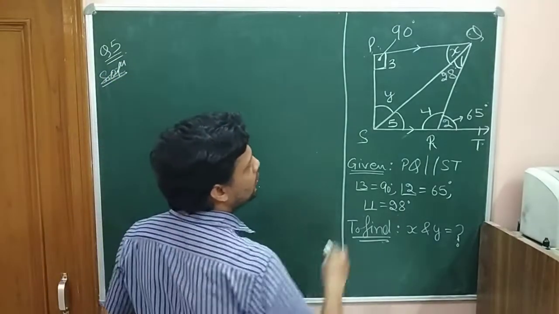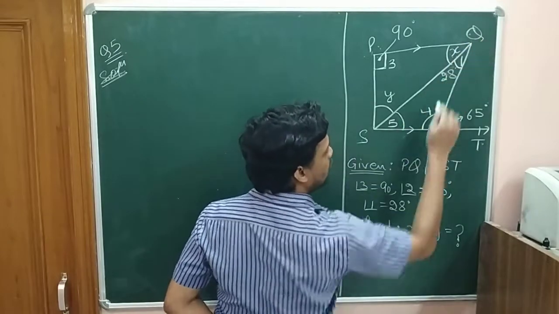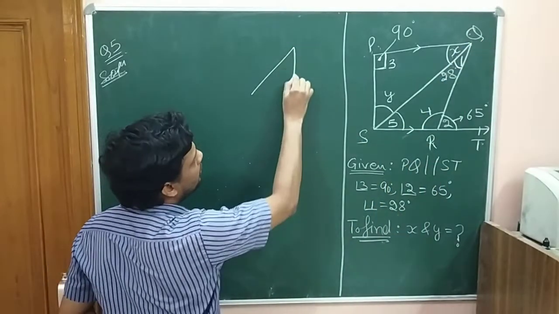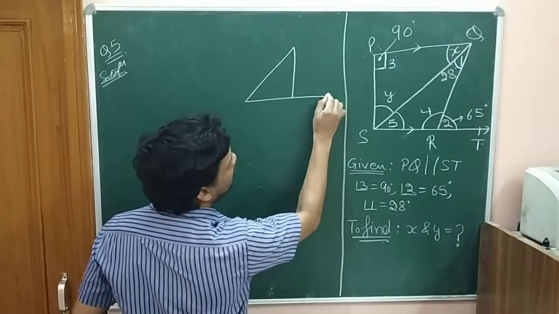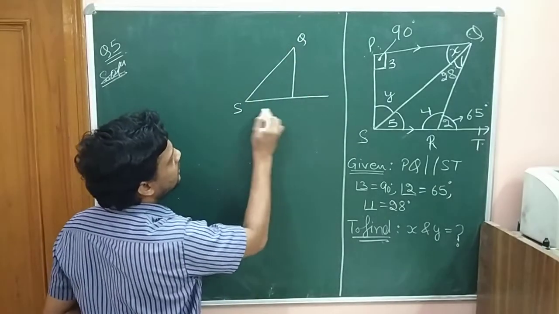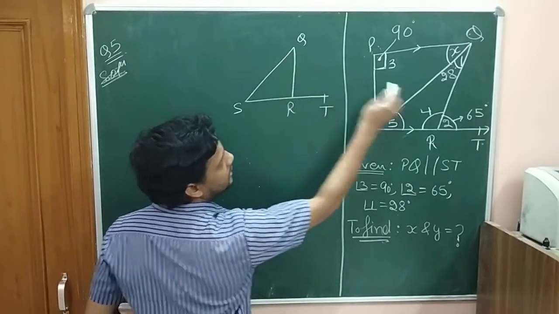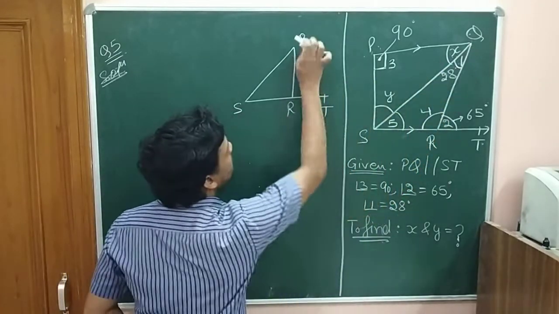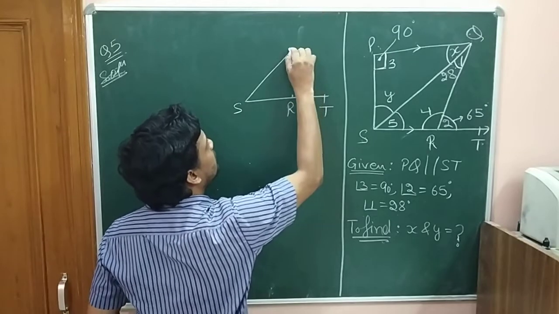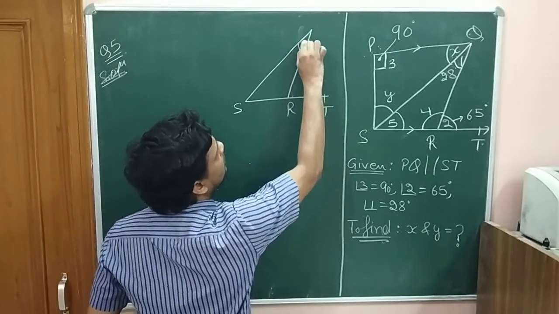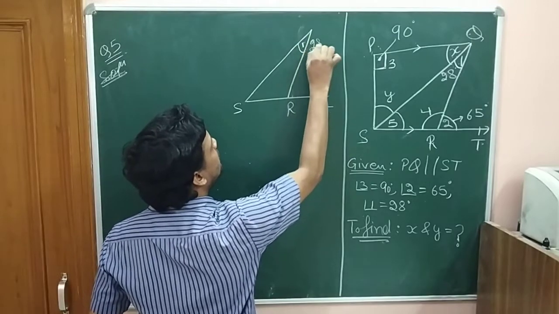Now first of all, we are talking about triangle SQR. This is Q, this is S, R and T. Now students, you can easily see that this angle is 1, that is 28 degree.